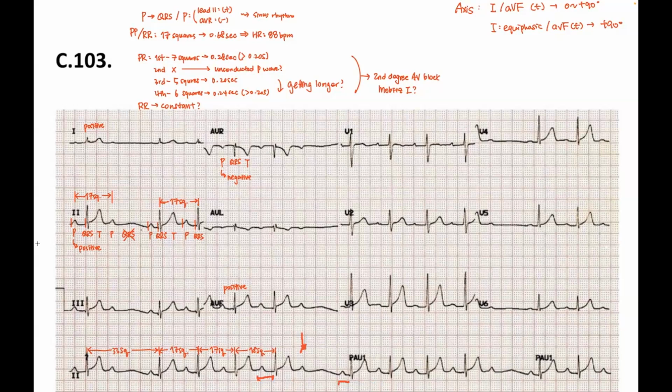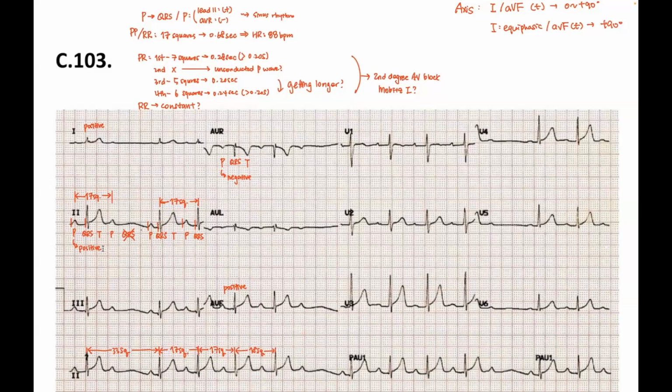If the last one is longer than the first one, Mobitz type 1. Because if you have a relatively large number of conducted beats, the increase is so small that you miss this elongation. But the last one is longer than the first one. This is the definition of Mobitz type 1. Compare the last one to the first one. Yes, very good.